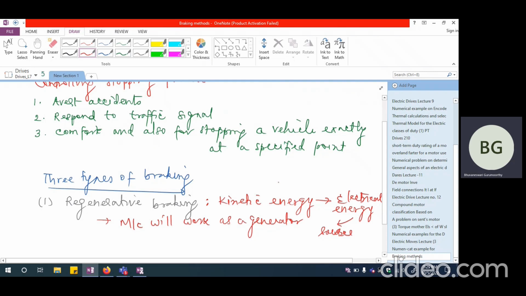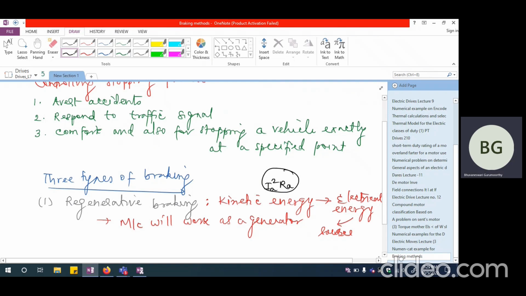So here no amount of energy is wasted. Very, very minimal amount of energy is wasted. Only whatever is the IA square RA drop, which is taking place in the armature resistance, that is the only thing that cannot be retrieved. So that is going to be wasted as heat energy.